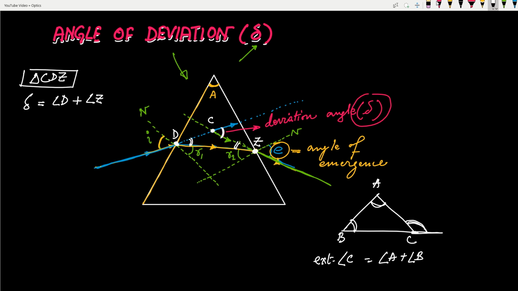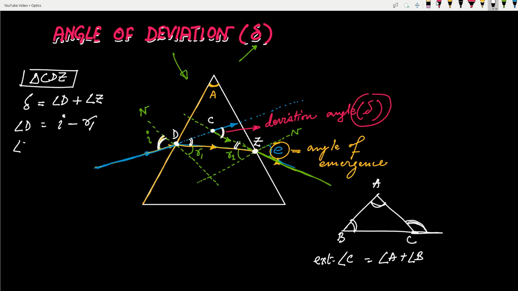Our target is to find how much is angle D. If you look into the figure, angle D is I minus R1, because if this is angle I, then this whole thing has to be angle I, which is the vertically opposite angle. Therefore, angle D is I minus R1. Okay, this much is clear.